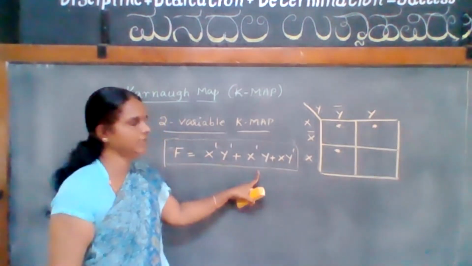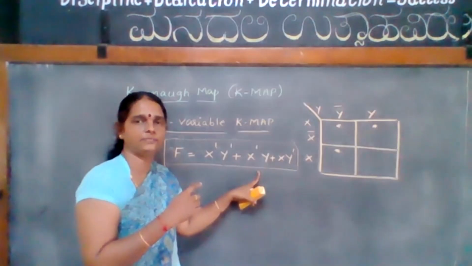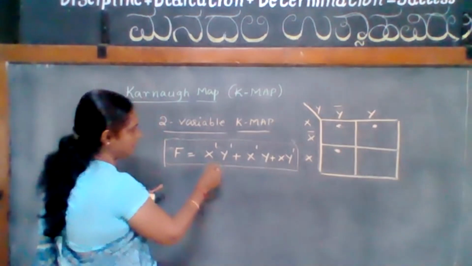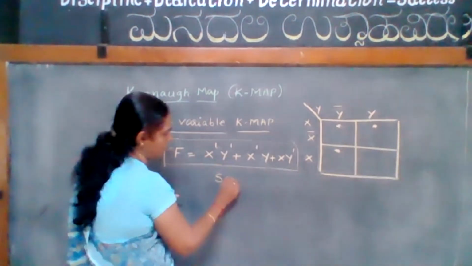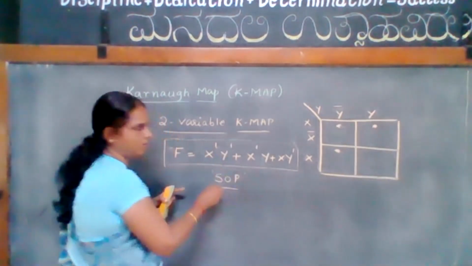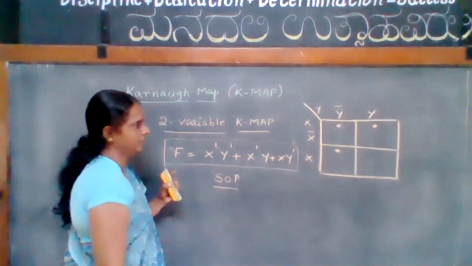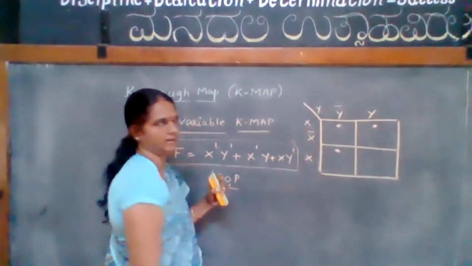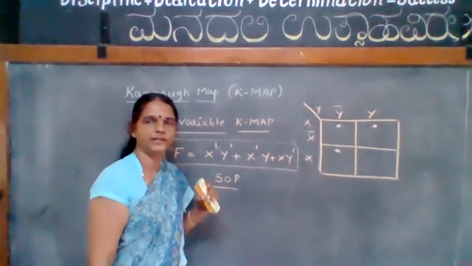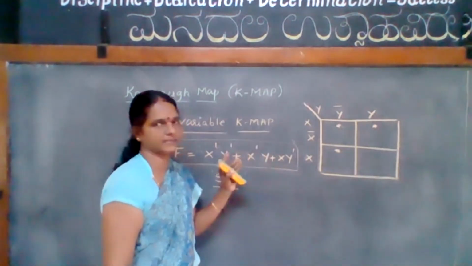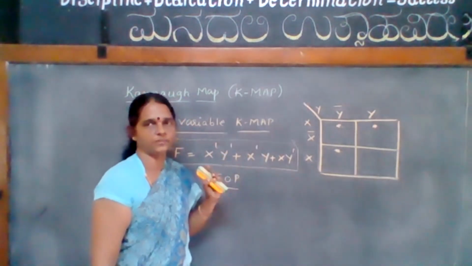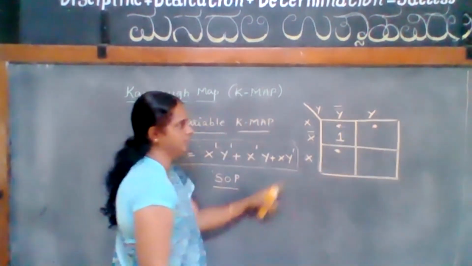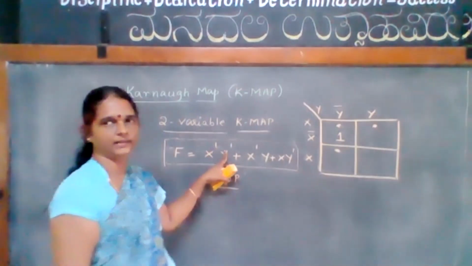These min terms indicate that in the truth table we have 1 in the output place. Now this expression is in the sum of products form, or SOP form. Therefore, wherever these min terms are there, in our K-map cell we need to write 1. Rest of the cells are indicated as 0. This cell is written as 1, which represents x dash y dash.